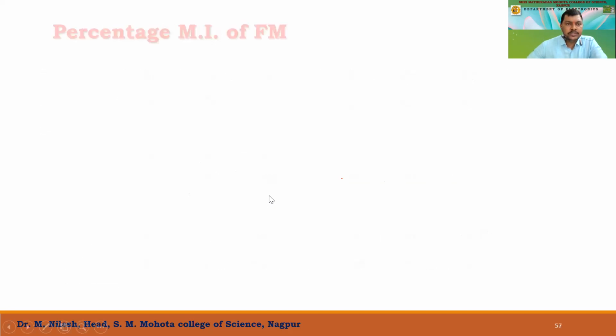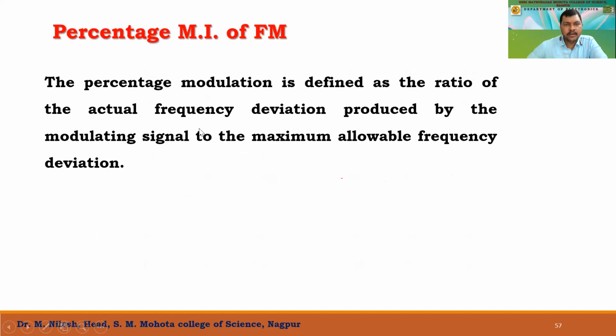The next one is the percentage modulation index in frequency modulation. If you multiply it by 100, then it becomes the percentage modulation. The percentage modulation is defined as the ratio of the actual frequency deviation produced by the modulating signal to the maximum allowable frequency deviation.